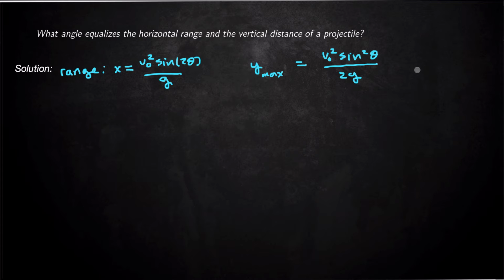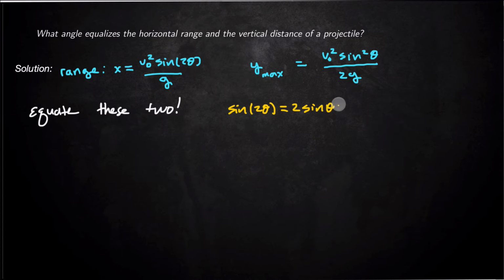But assuming we start with these equations, how do we find the angle theta that we need to launch at to make the x distance and the y distance, y max, the same? So what we need to do is just equate these two equations, the x and the y value. We also want to remember a trig identity: sine of 2 theta is equal to 2 sine theta cosine theta.